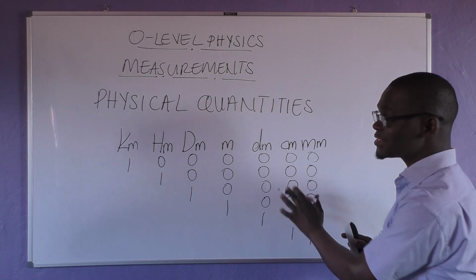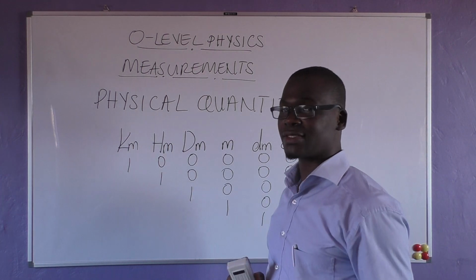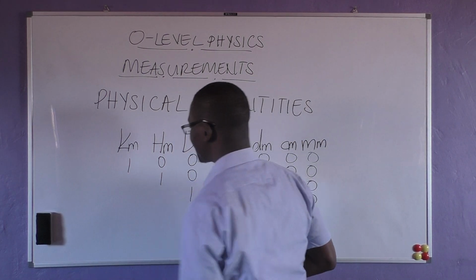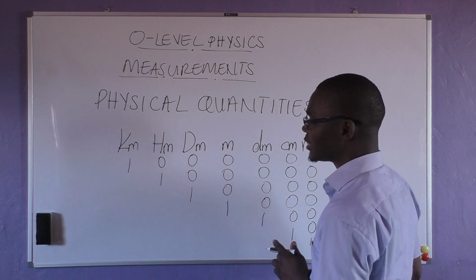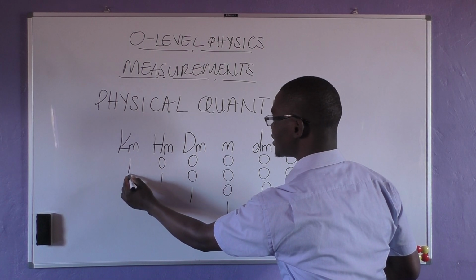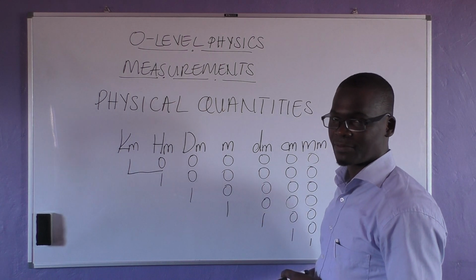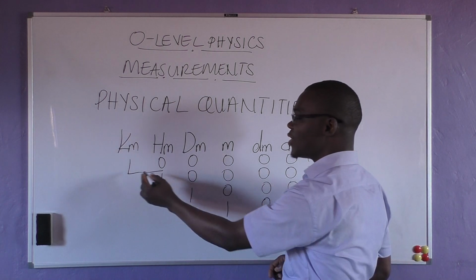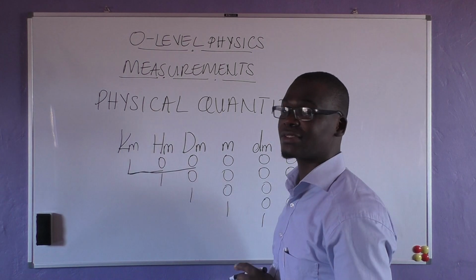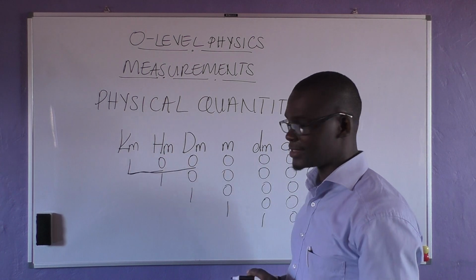So from this, we can easily tell the equivalence of one unit in terms of the other. For instance, from this, we can tell that 1 kilometer is equivalent to 10 hectometers. And still 1 kilometer is equivalent to 100 decameters. 1 kilometer is equal to 1,000 meters.